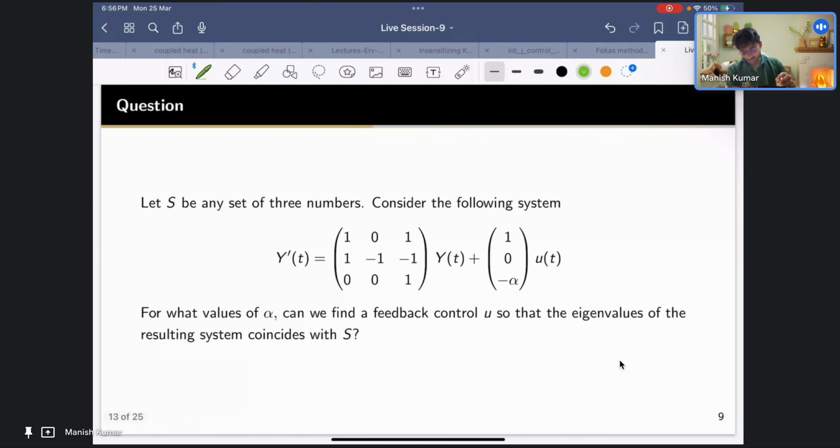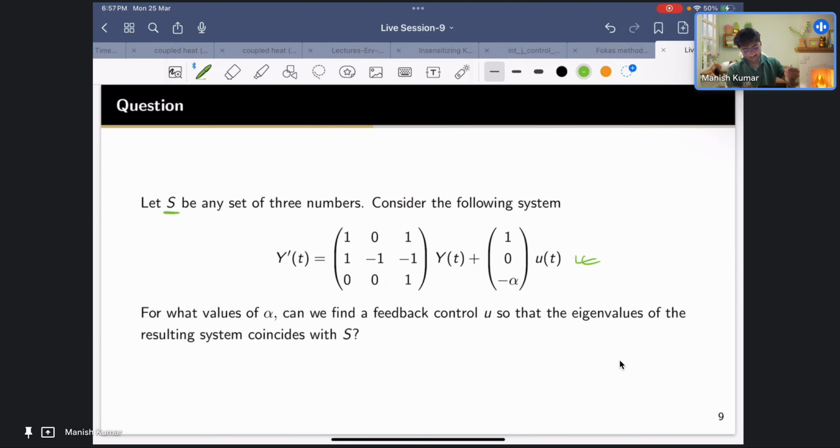Okay, so let us go into the problem first. This is the problem. Suppose you have this kind of control system. The question is, for what values of alpha, given any set S, can you have a feedback control such that A plus B k will have the eigenvalues equal to the set S?